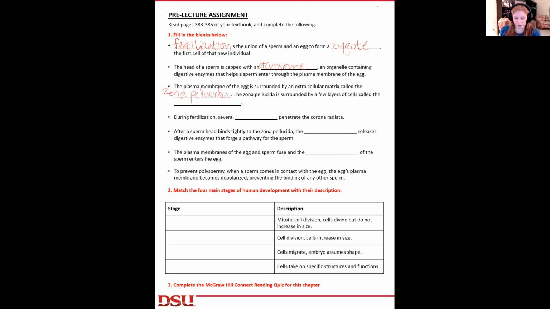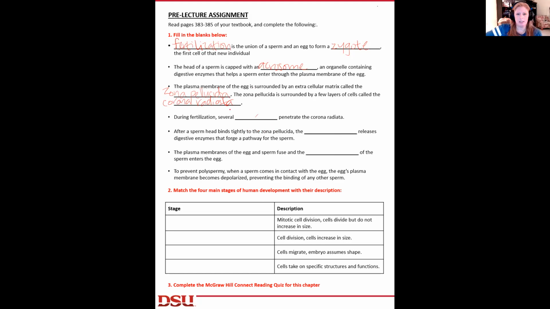And then this in turn is surrounded by a few layers of cells, which is called the corona radiata. Sorry for the writing. This little pen and board is super convenient, but not all that awesome when it comes to always being neat.